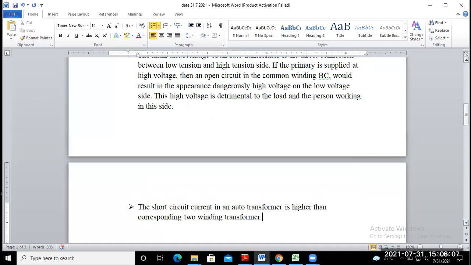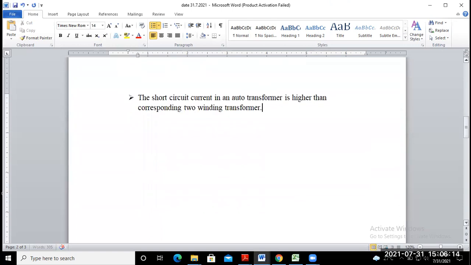So let us try to explain the auto transformer step. Whatever I have shown in the previous class in the schematic diagram is a step down auto transformer. That means voltage V1 applied to the winding AC is higher than the secondary side voltage, that is winding BC, V2.